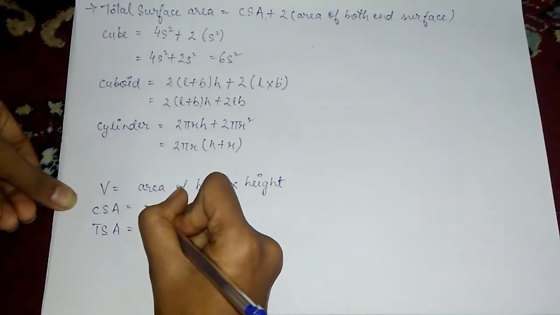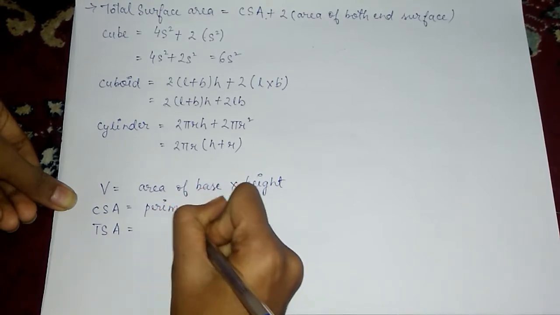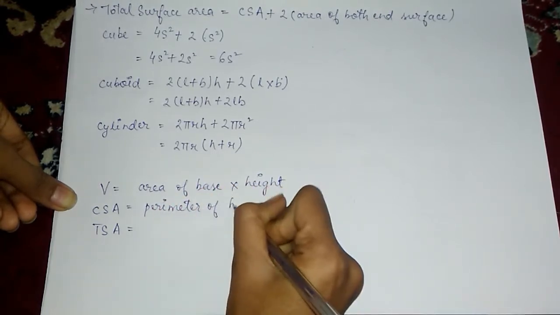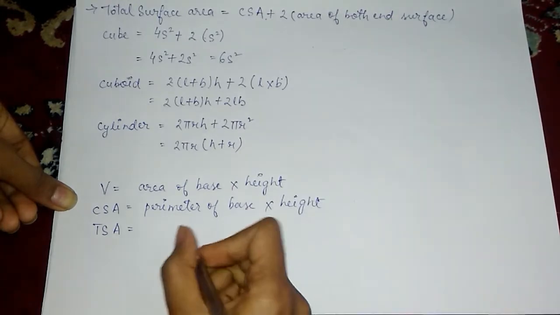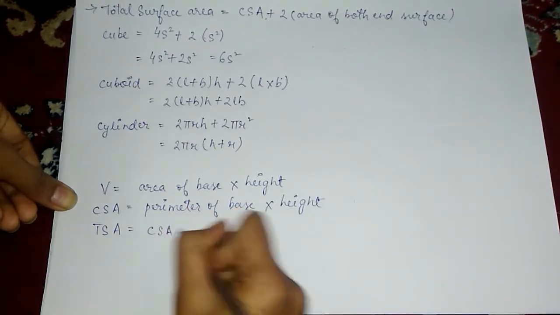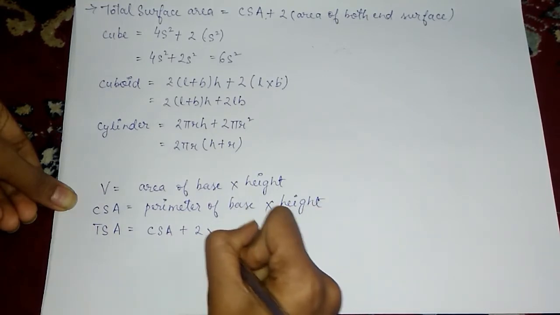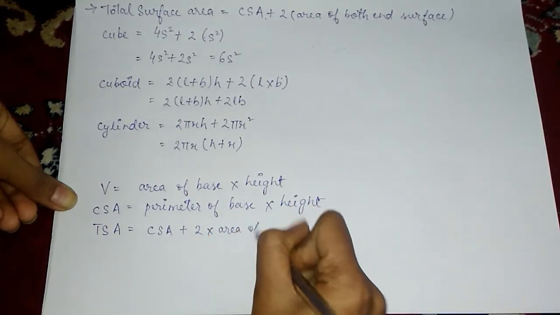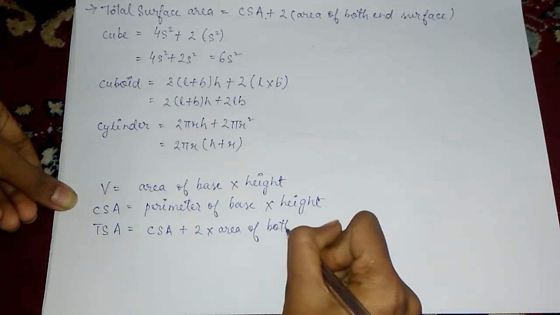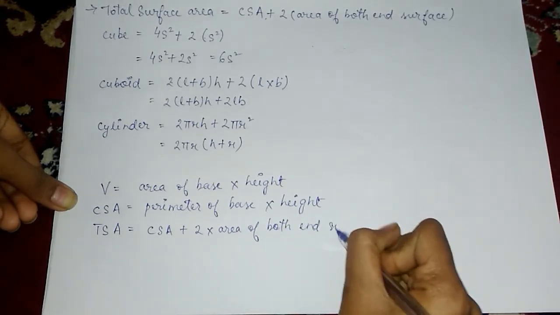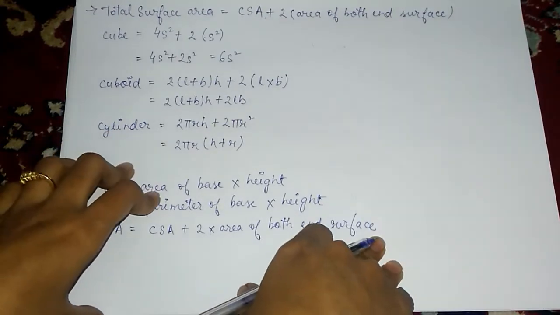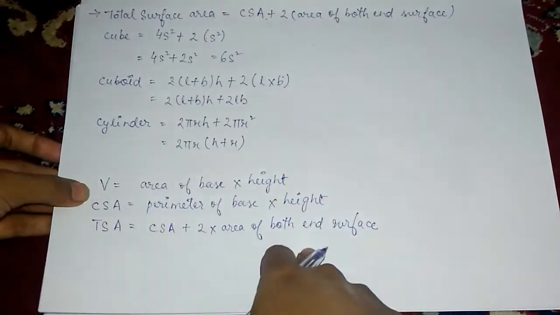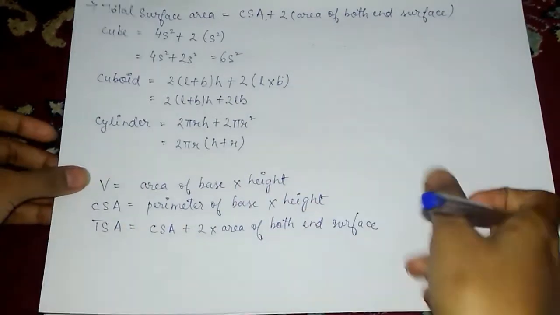Curved surface area, perimeter of base into height, and total surface area is CSA plus 2 into area of both end surface. Okay, so these formulas are for a prism. Now we'll talk about pyramids. So let's get to the pyramids.